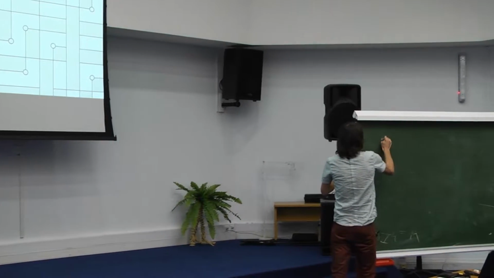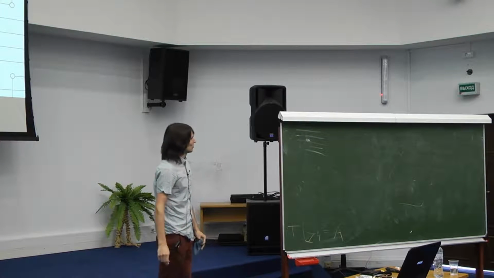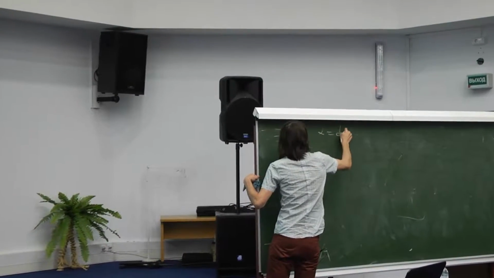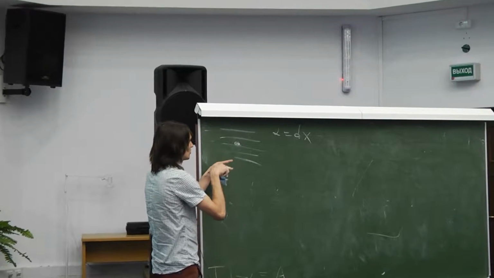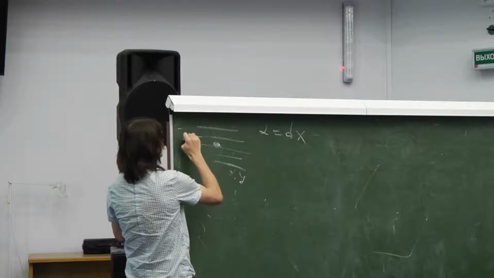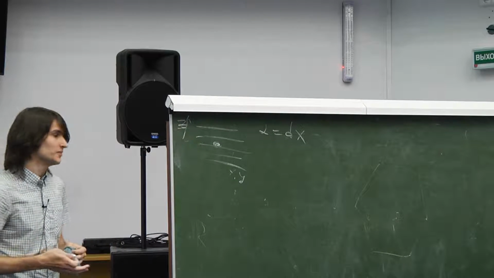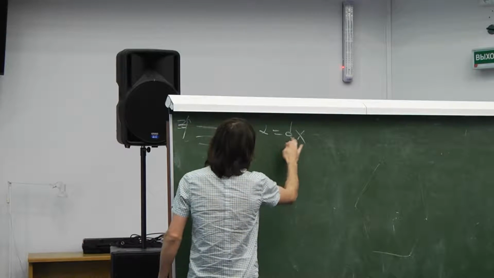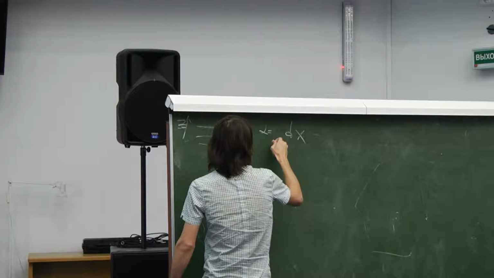Suppose in some neighborhood of a point on the surface, your contact form is simply dz plus x dy, where x, y are coordinates on the surface, and z is the transverse coordinate.